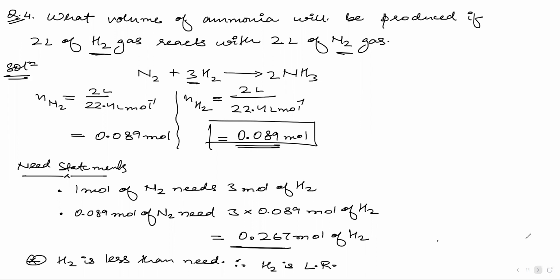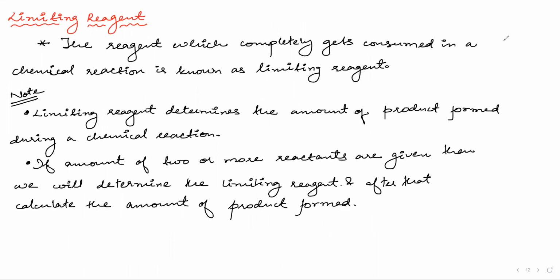You're calculating or you're stuck? Sir, I'm calculating, but I'm getting confused. You're confused in the formed statements. Let me write it. Okay. So the first statement of the formed statement is dependent on the chemical equation, right? But before that, I have to tell you what is the limiting reagent. So what is the limiting reagent here? H2.